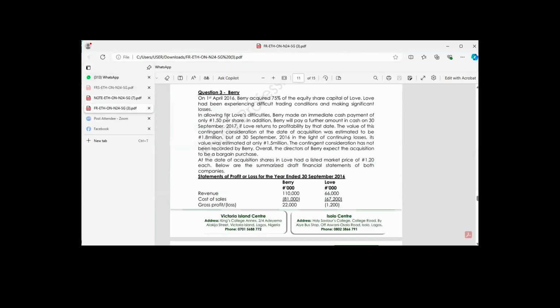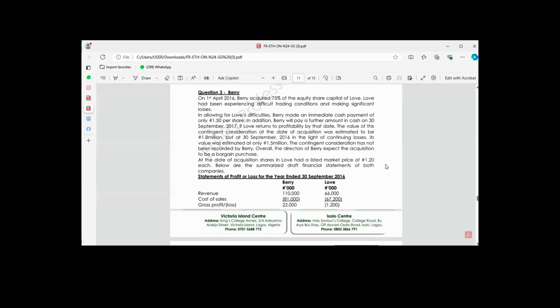Now look at this question. At the date of acquisition, shares in Love had a listed market price of 120 kobo. He has given me the market price.